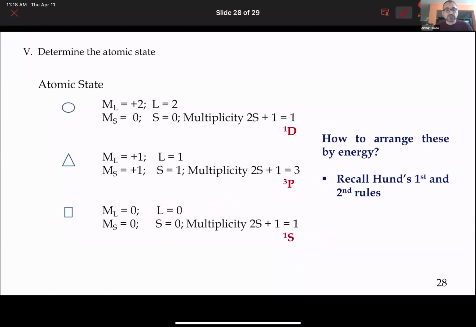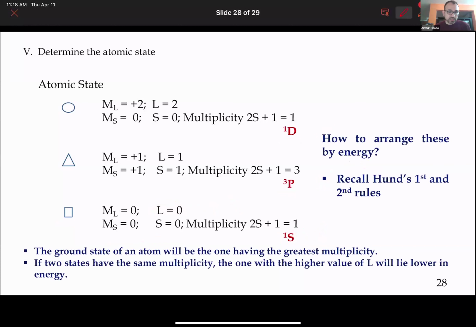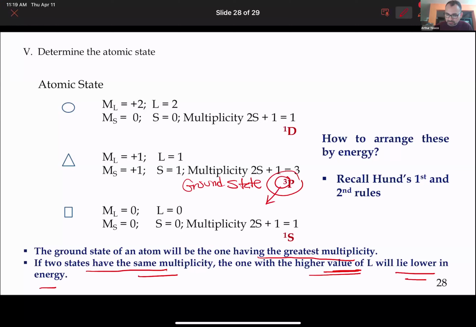So recall Hund's first and second rules: the ground state will be the one having the greatest multiplicity. And if you have two states that have the same multiplicity, the one with the higher value of L will lie lower in energy. We know that this one here is our ground state because it has the highest multiplicity.